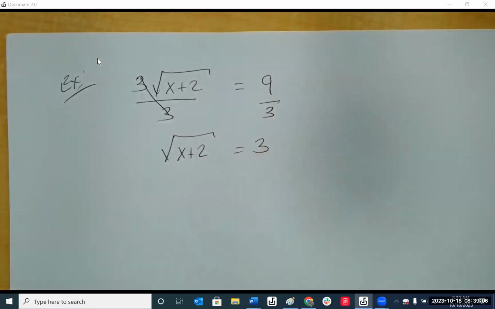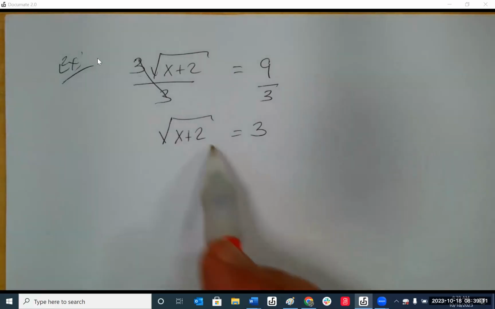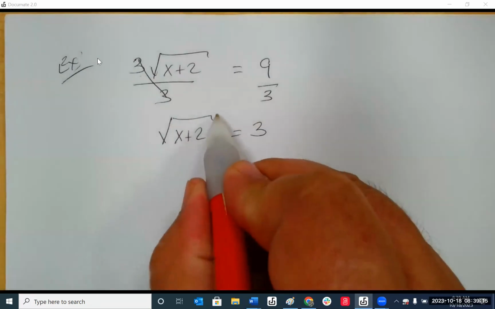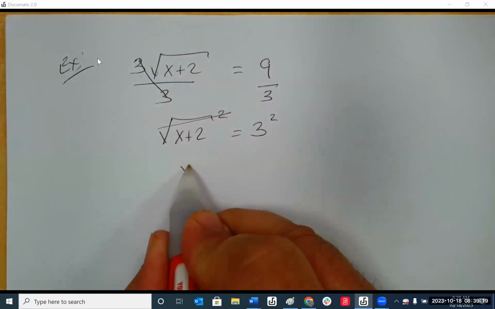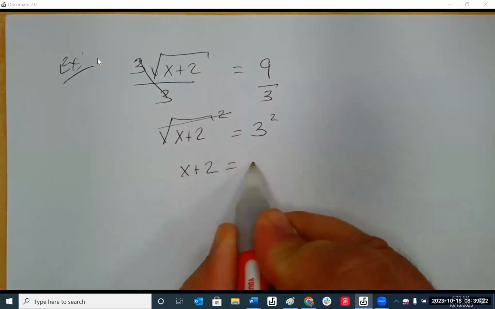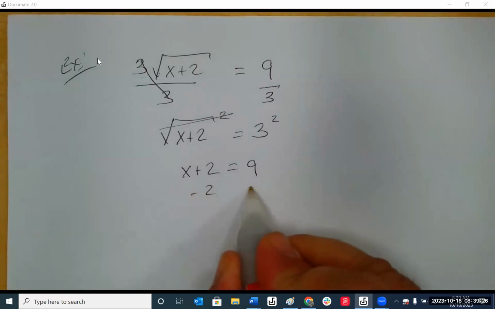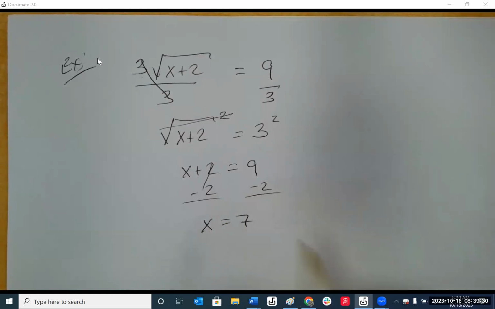9 divided by 3 is 3. Now it's isolated. So now we square both sides and solve for x. x equals 7.